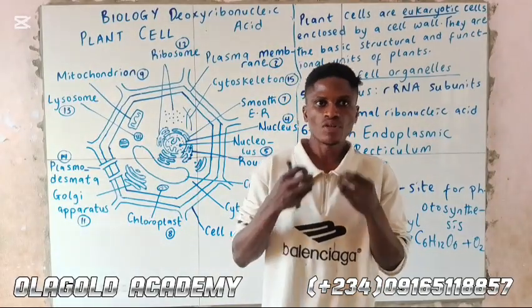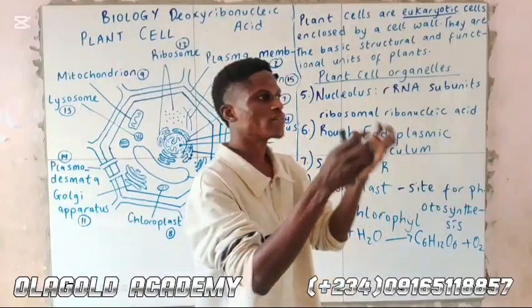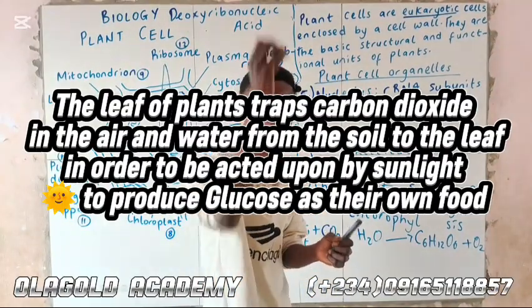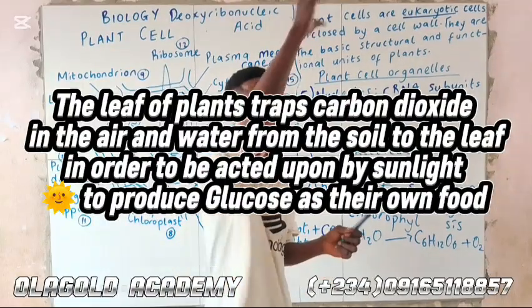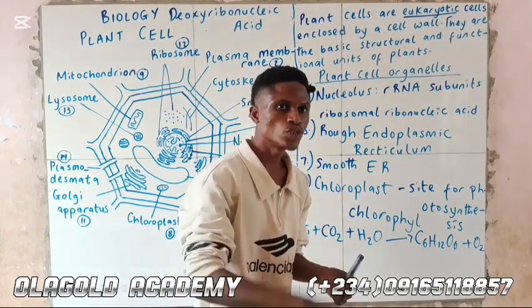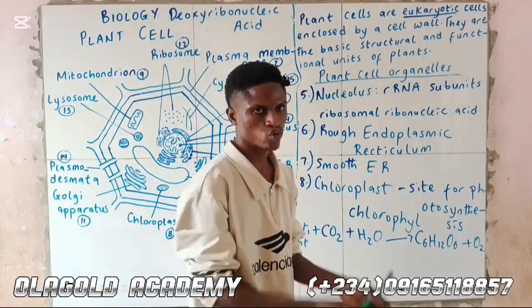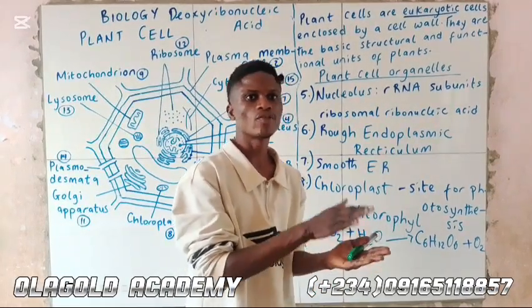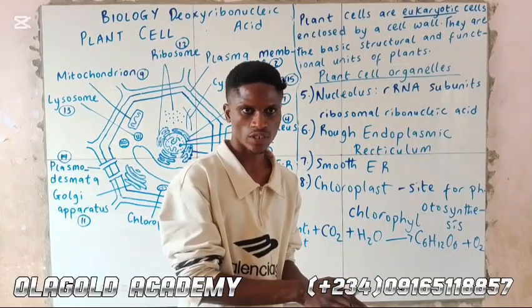We breathe out carbon dioxide, and the leaf of plants traps the carbon dioxide from the air and also draws water from the roots up to the leaf, because the leaf is where photosynthesis takes place.